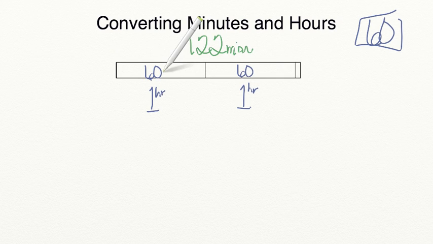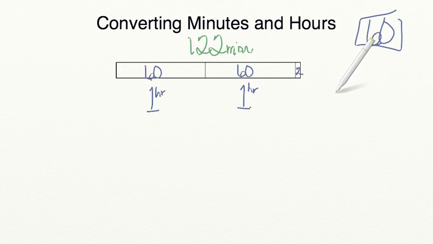Now, 60 minutes plus 60 minutes equals 120 minutes. But our movie is 122 minutes. So our last little sliver of time over here is going to represent 2 additional minutes. This is going to be our remainder. So in 122 minutes that we have represented here, it is a value of 2 hours and 2 minutes worth of time.